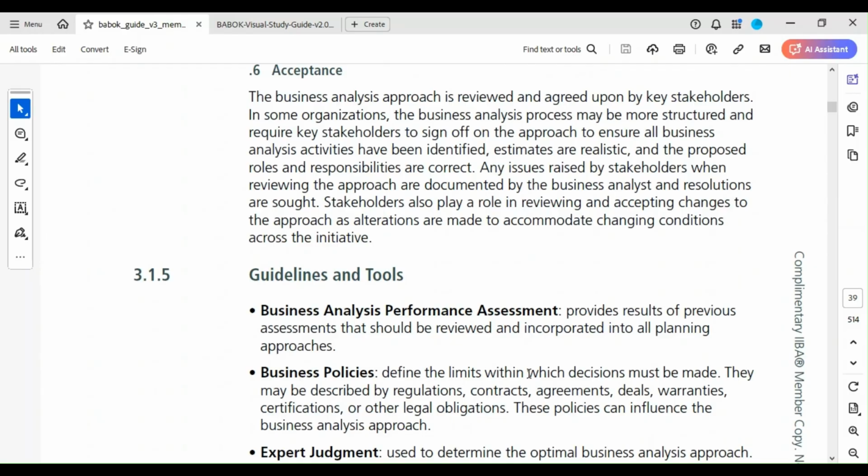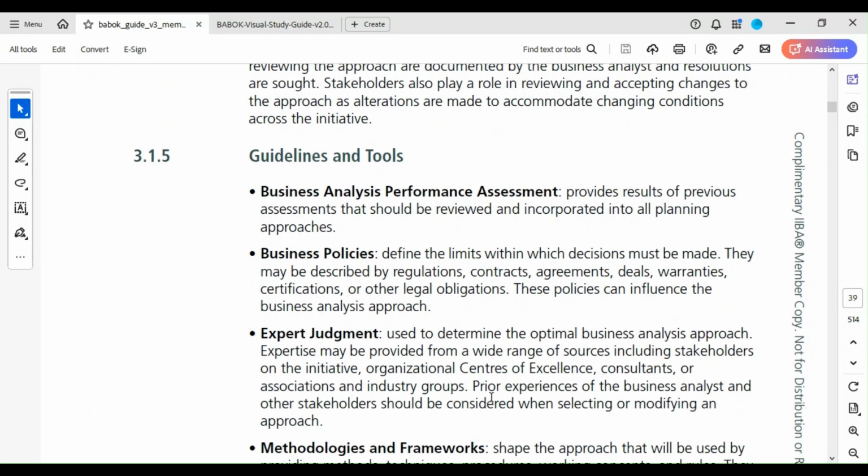Any issues raised by stakeholders when reviewing the approach are documented by the business analyst and resolutions are sought. Stakeholders also play a role in reviewing and accepting changes to the approach as alterations are made to accommodate changing conditions across the initiative. Guidelines and tools.